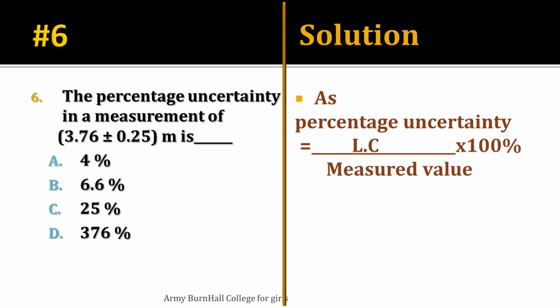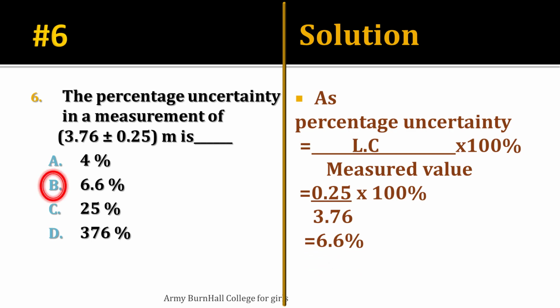We know that percentage uncertainty is equal to least count divided by measured value multiplied by 100%. So over here least count is 0.25, measured value is 3.76, multiplied by 100% will give us 6.6%. So option B is the correct option, 6.6%.